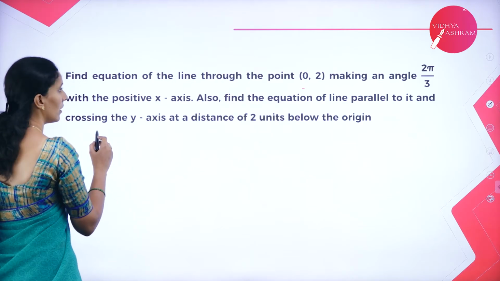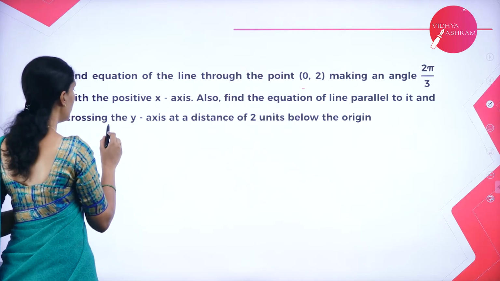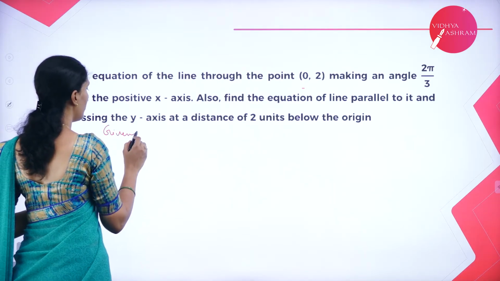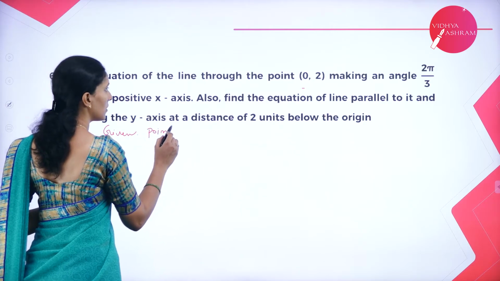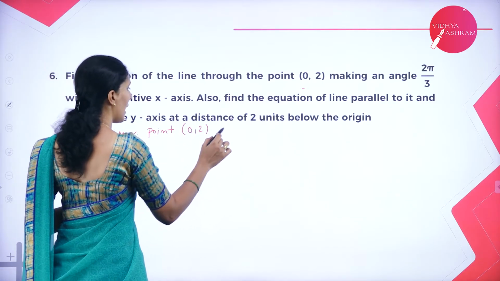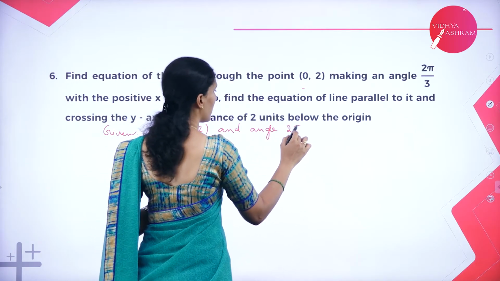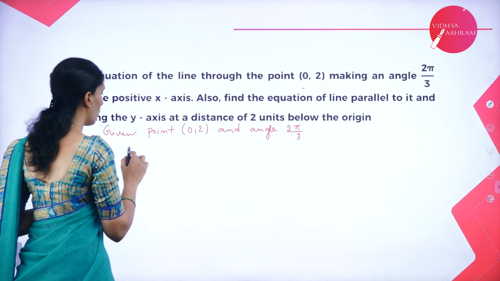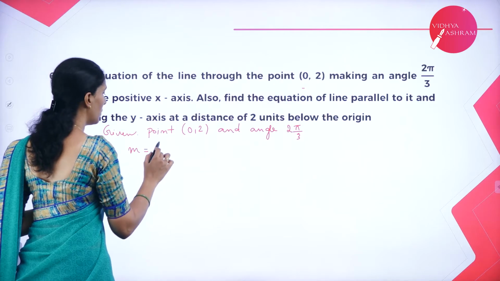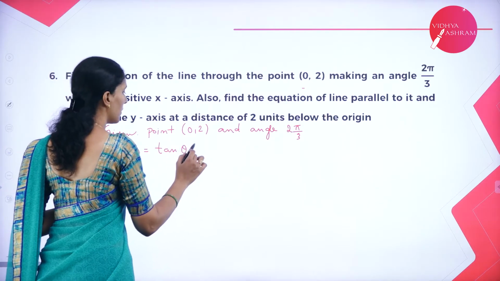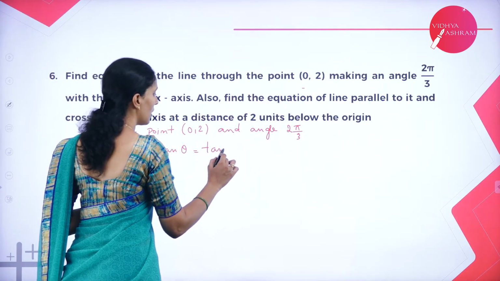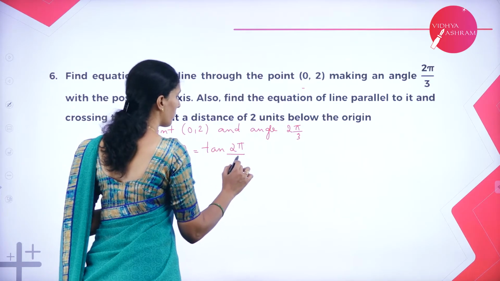Now, what is given? The point is given. So given point 0, 2 and angle 2 pi by 3. So therefore, m is equal to tan theta, which is nothing but tan 2 pi by 3.